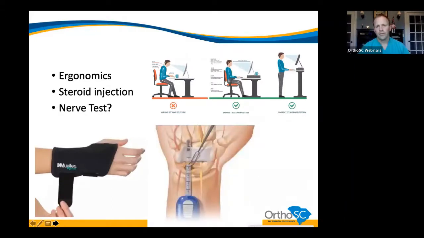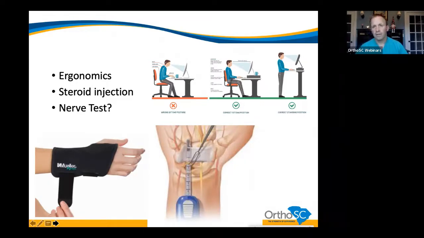And so treatments for carpal tunnel syndrome, we talk about ergonomics, so sitting in a good position with your arms by your side, your hands not too hunched over, and also standing.